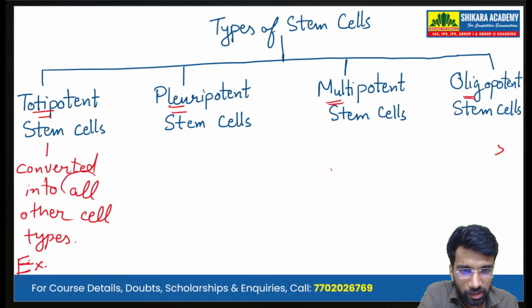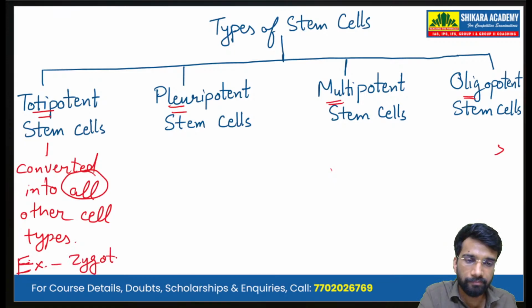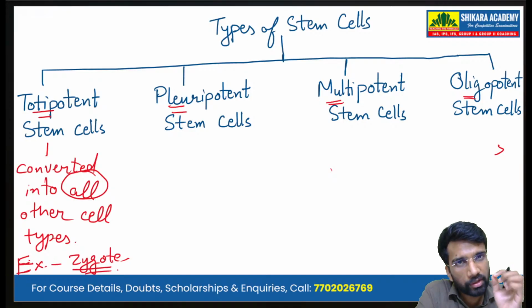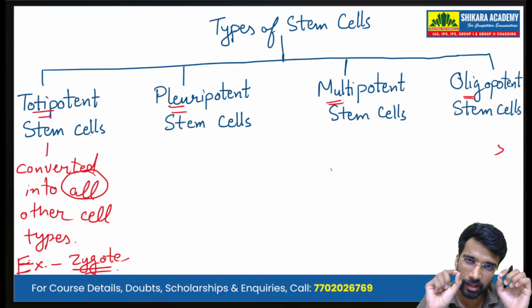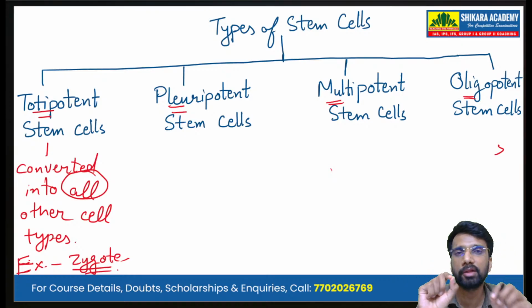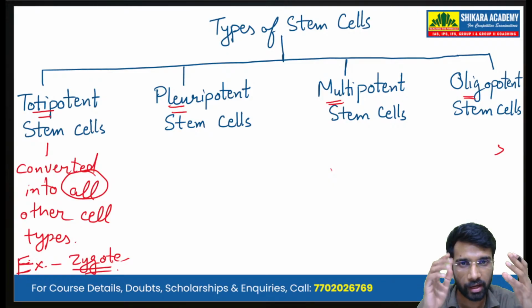So the keyword here is all. An example is the zygote. We know that the zygote is a single cell which is diploid. A single zygote ultimately gives rise to an entire organism, like an entire human being.